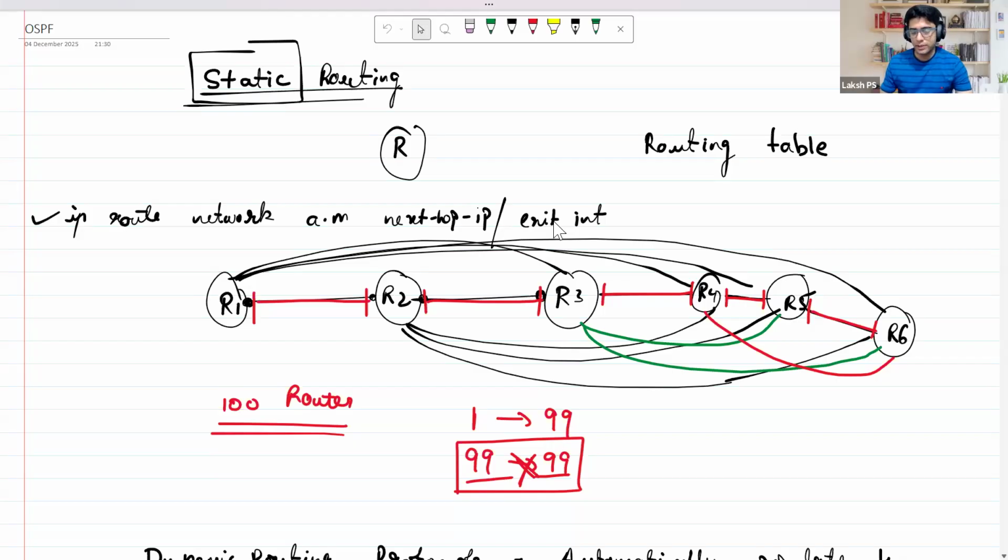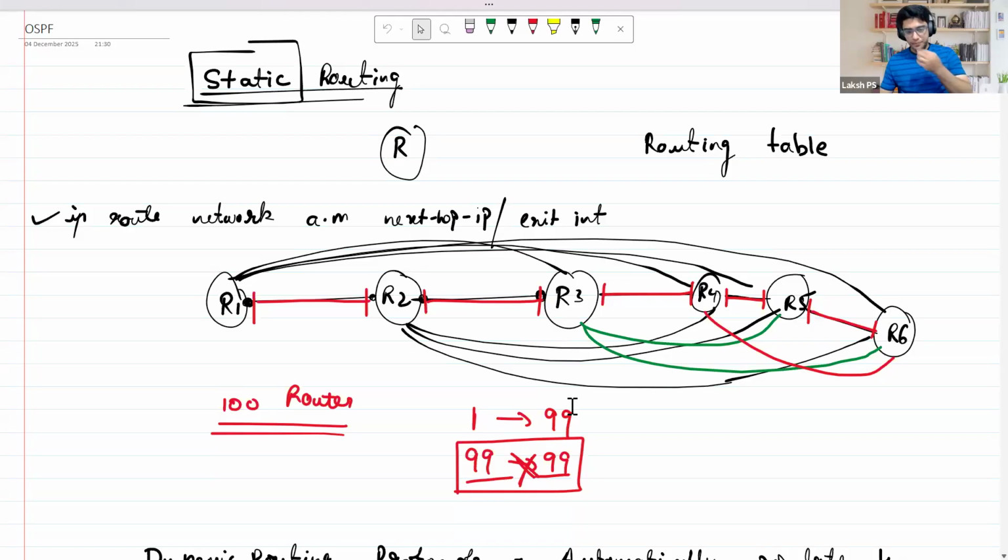The problem with static routing is that it is easy if, let's say, we have six routers in this diagram. R1 needs connectivity with R3, R4, R5, and R6, so R1 needs connectivity with four other routers.